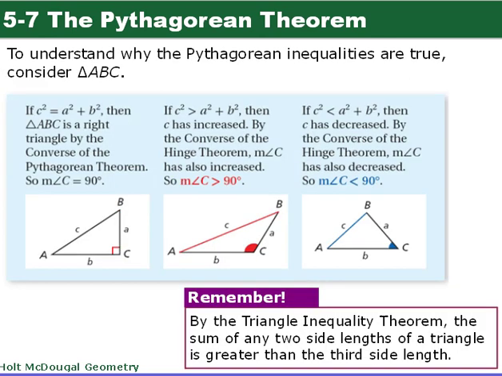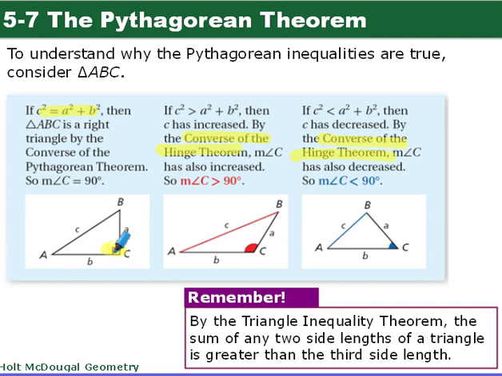All right, so this may or may not help you understand it a little bit better. It's pretty much what Ms. Aiken just said. If the Pythagorean theorem actually works so that c squared is equal to a squared plus b squared, then you're going to have a right triangle. That's the only time it will be a right triangle.